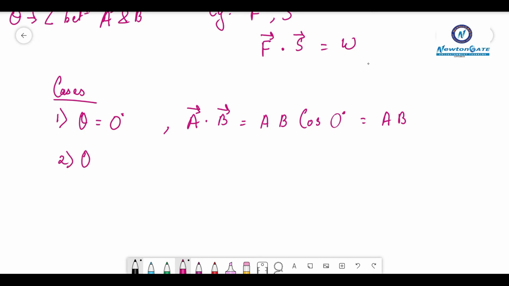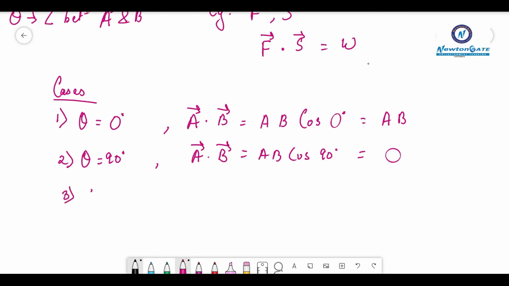Now if my theta is 90 degree, A dot B will give me AB cos 90 degree. We know that the value of cos 90 degree is 0, so it will give me a value of 0. If two vectors are perpendicular to each other, then their scalar product is 0.